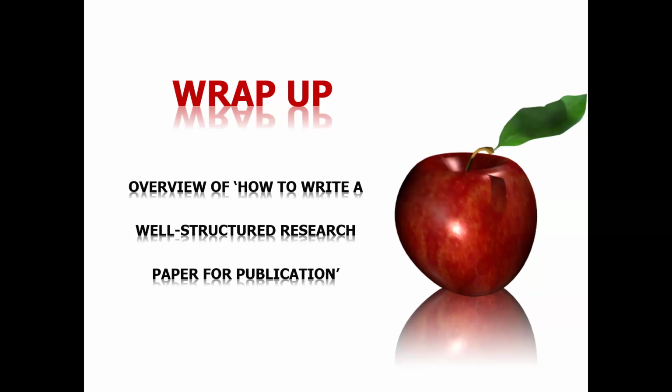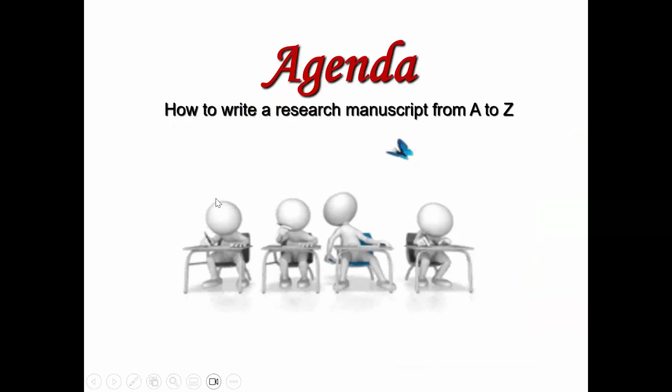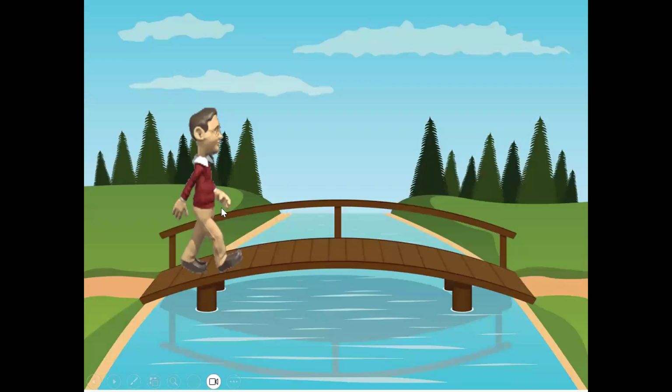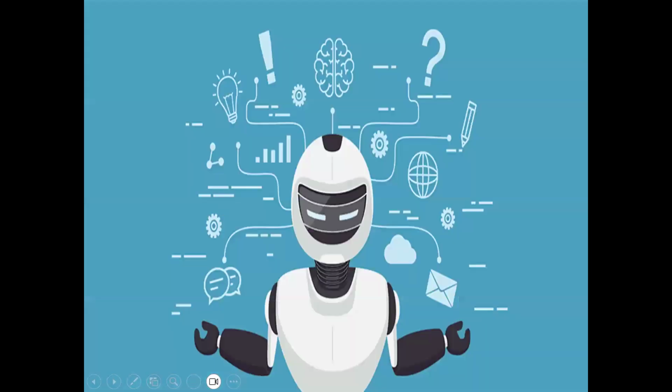So to wrap up, we had an overview on how to write a well-structured research for publication. And we started from having an idea, writing your research question, having an idea about the research methodology and research design, having an idea about how to collect data and data analysis, and then we went through how to write your research manuscript from A to Z, starting from the title till the conclusion.